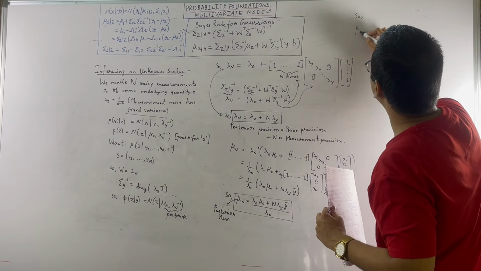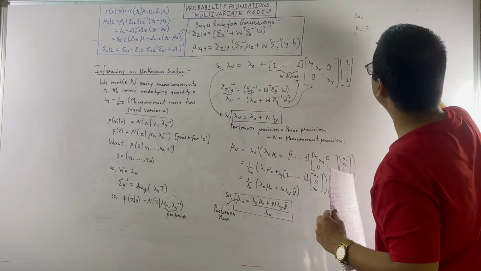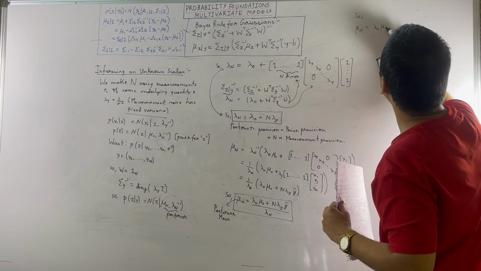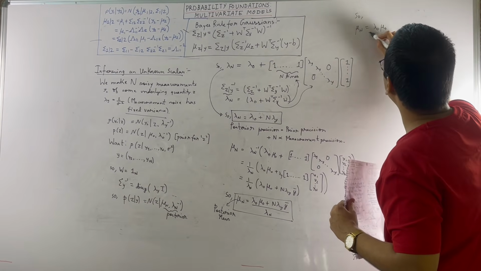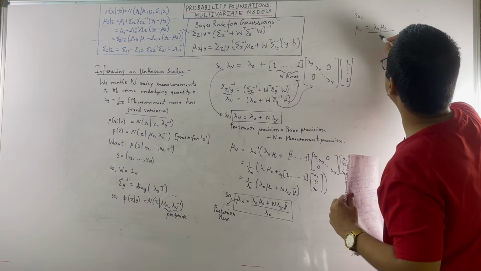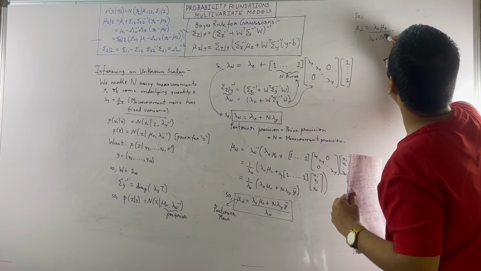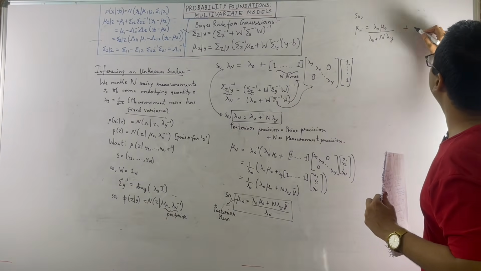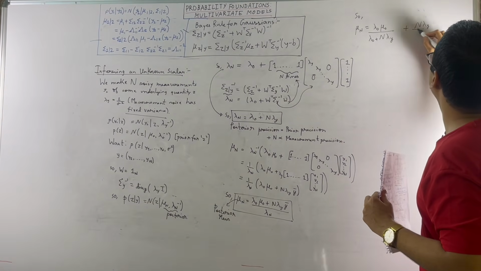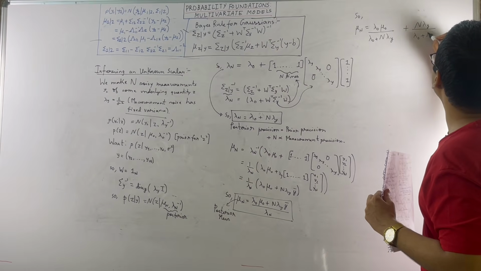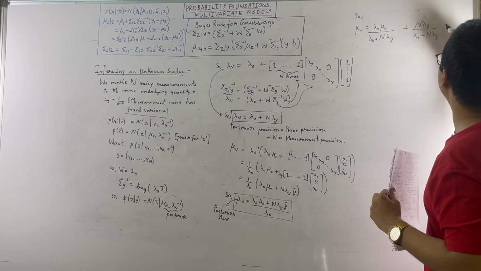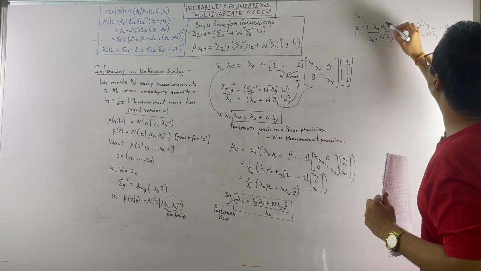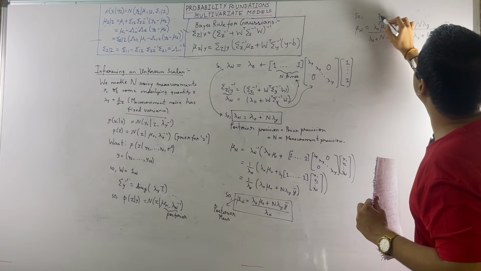So mu of n is basically equal to lambda naught mu naught by lambda n, which is again lambda naught plus n lambda y, plus n lambda y by lambda naught plus n lambda y into y bar. So you see, this is the prior mean.